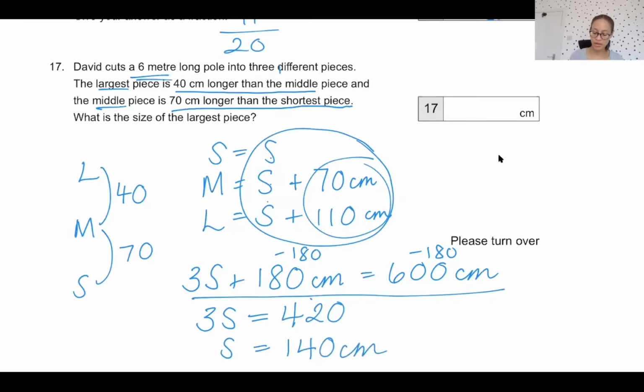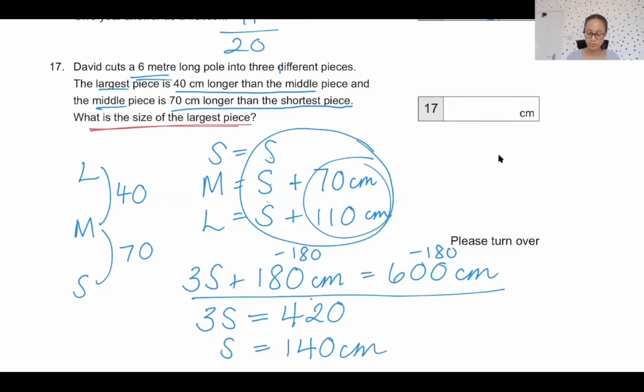Then you can either go back to your diagram, so long as you're confident this is accurate, or the original question. And don't forget to reread the question as always to make sure you are answering the right part of the question. So the largest piece was 110 centimeters larger than the smallest piece.